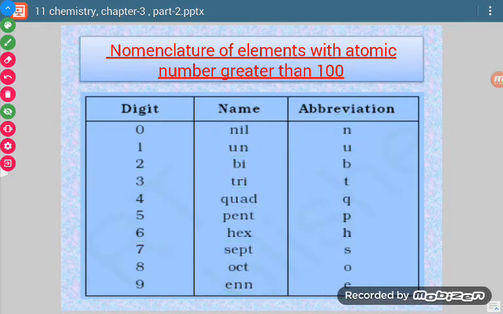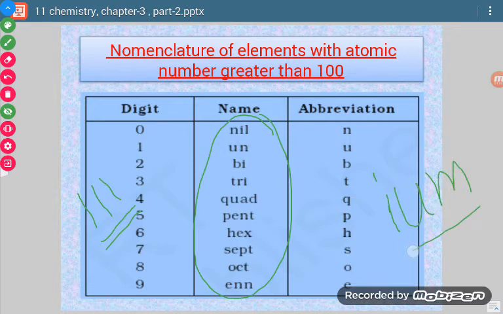Okay, now how are we going to use it? Suppose there is an element having 111 as atomic number. We will write the names for those digits first, and then at the end we will write ium.